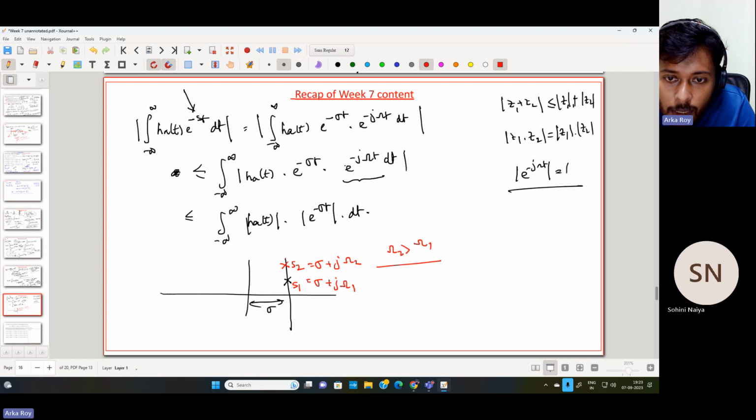So for these S1 and S2, let us check for which of the cases the integral is valid.